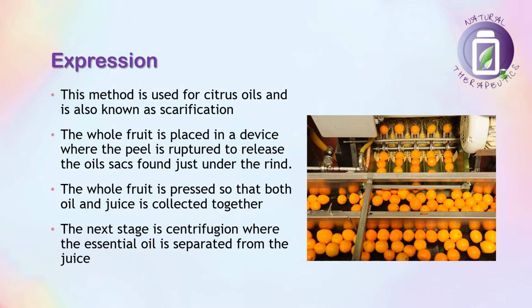In fact, if you grate the peel of an orange or a lemon, the essential oils are being released. You can smell that on your fingers. So the whole fruit is pressed so that both oil and juice are collected together, and then they put it into a centrifuge where the oil is spun and therefore separated from the juice and then collected and sold.